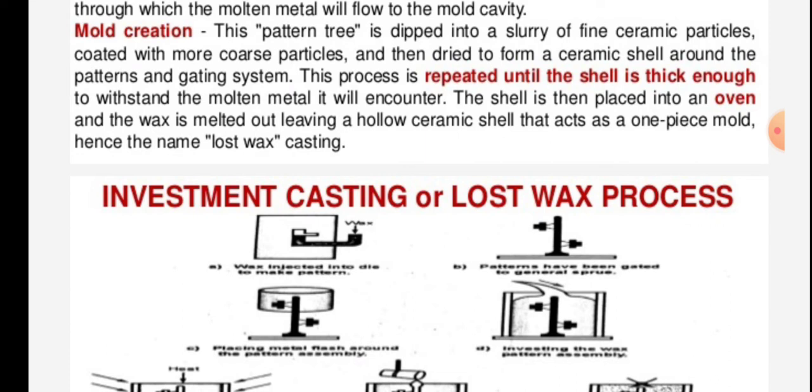This process is repeated until the shell is thick enough to withstand the molten metal it will encounter. The shell is then placed into an oven, and the wax is melted out, leaving the hollow ceramic shell that acts as a one-piece mold. Hence, the name lost wax casting.